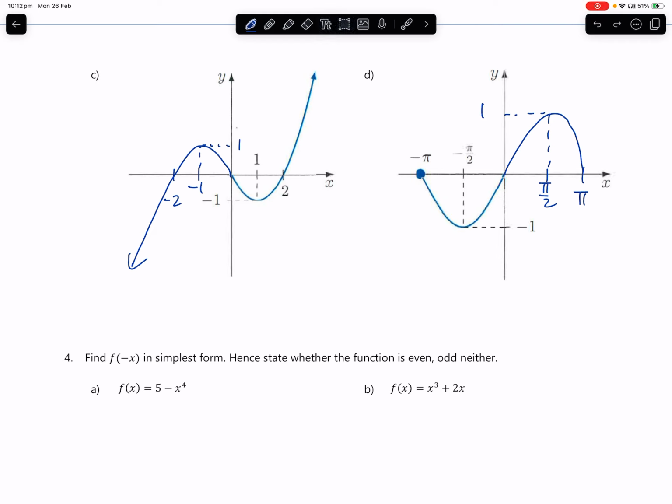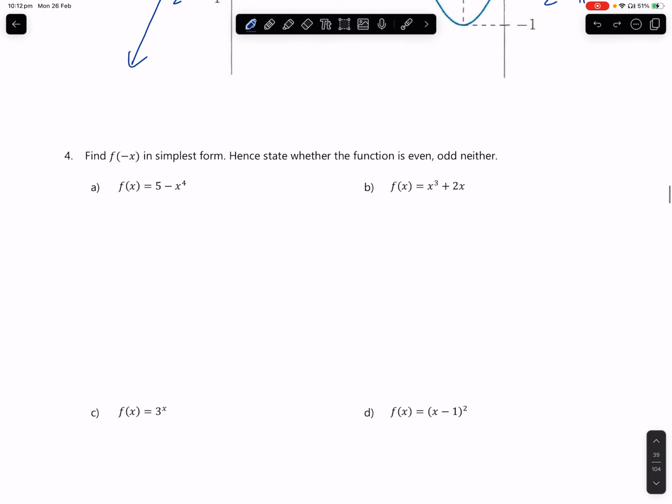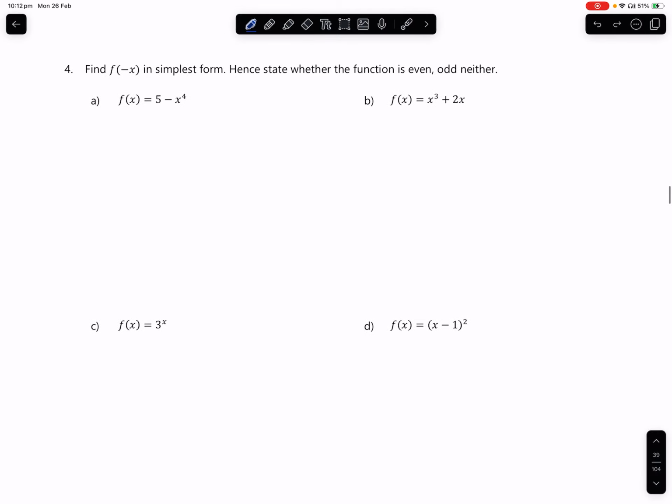Okay, right. For question 4, we're now going to test whether these are even, odd, or neither. So for an even function, okay, f of -x equals f of x. For an odd function, f of -x equals -f of x. Whereas for one that's neither, f of -x equals none of them.